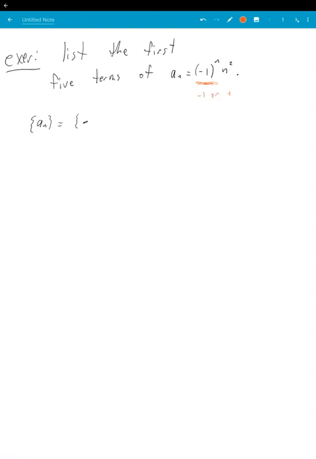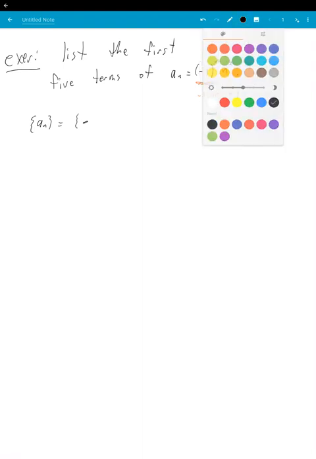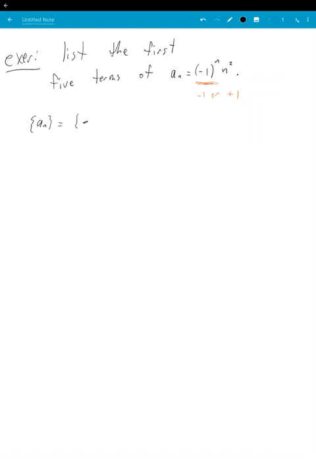It's going to be -1 or +1, depending on whether n is odd or even. Why can't I write a plus 1? That comes up a lot, so make sure you're on top of that. So (-1)^n is -1 if n is odd, and it's going to be +1 if n is even.